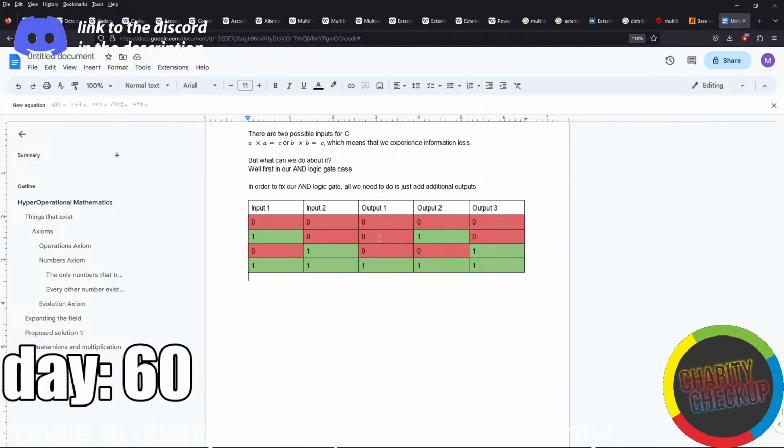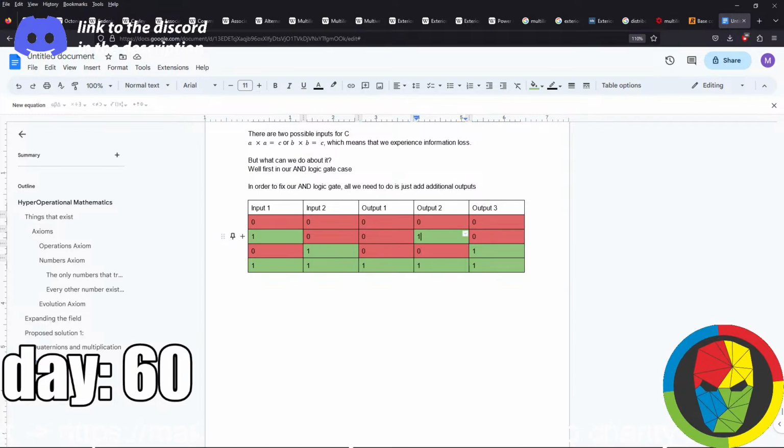We cannot really merge these two together because then we would end up with 0, 1, 0, 1, so there will still be information loss. Because that means if we end up with 0, 1, we have no idea which initial state it was.